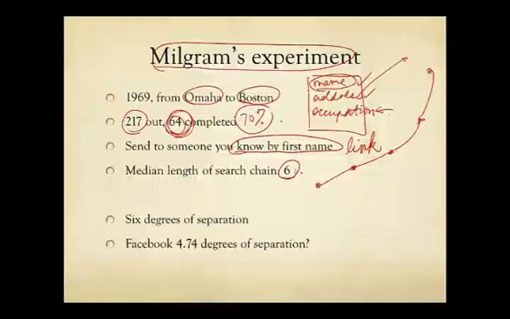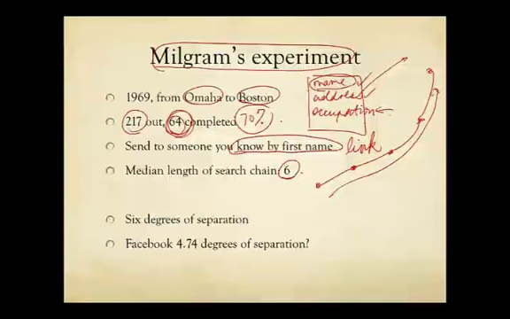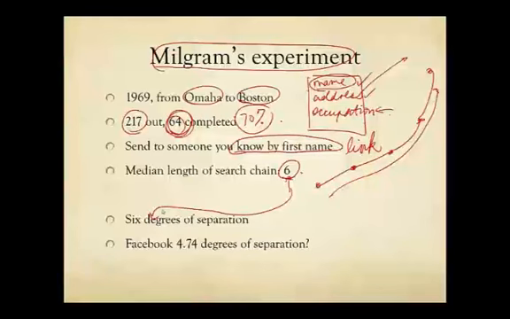The median length of the search chain, okay, this is a search chain, it's a chain of a social search, and the median length out of the 64 is only 6. And this is the magic number that leads to the so-called 6 degrees of separation. It says, roughly speaking, and as we'll see, very roughly speaking, in this entire social network we live in called the Earth, we can reach anyone in 6 steps or less.